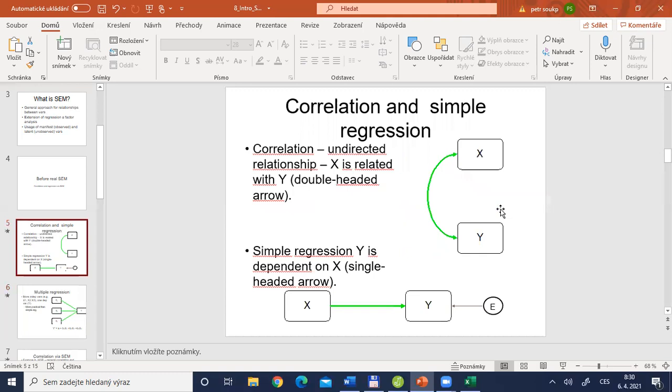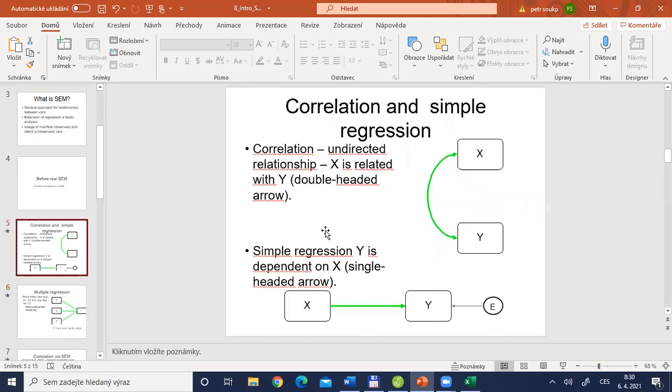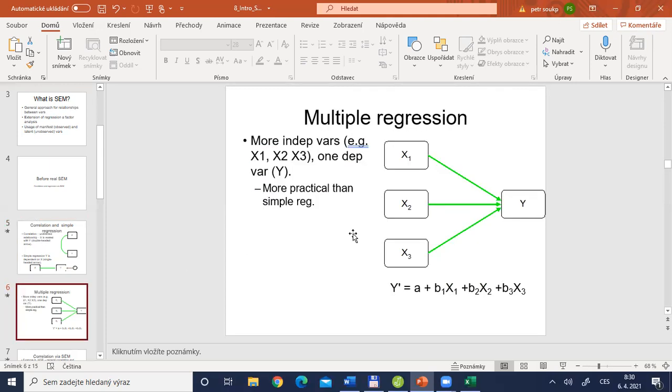Once again, the assumption here is that if I have two independents, they should be related. So what could be added to this picture of multiple regression? What should be the analogy to the correlation model here in the multiple regression case?